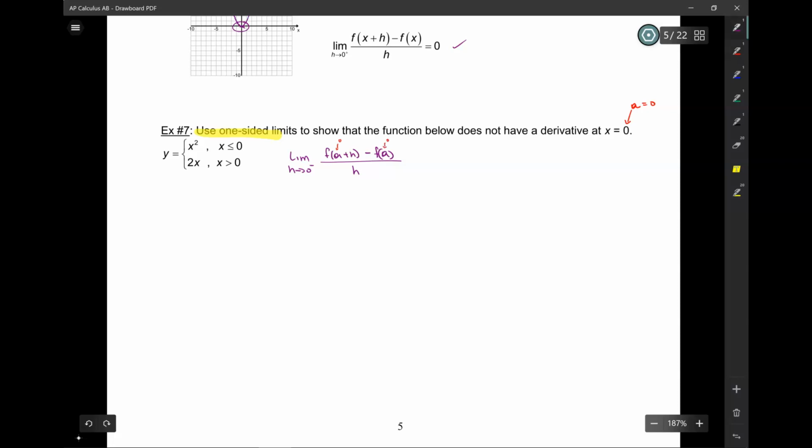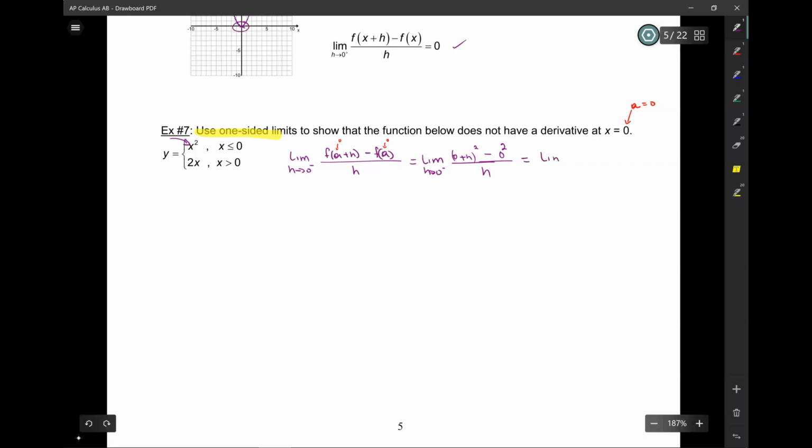Okay, so that's going to be the limit as h approaches 0 from the minus side. f of a plus h, that's 0 plus h squared, minus f of a, 0 squared, over h. Now, because this is the derivative immediately to the left of 0, you see that we're going to be using that function, because that's what resides to the left of 0.